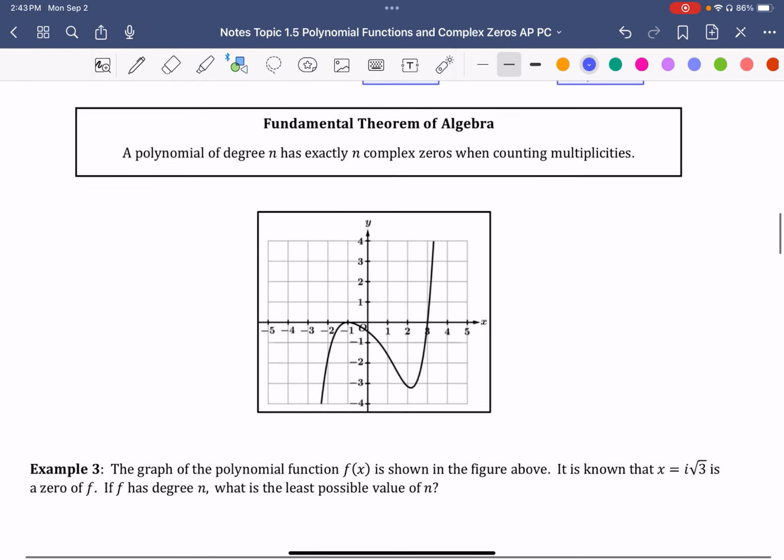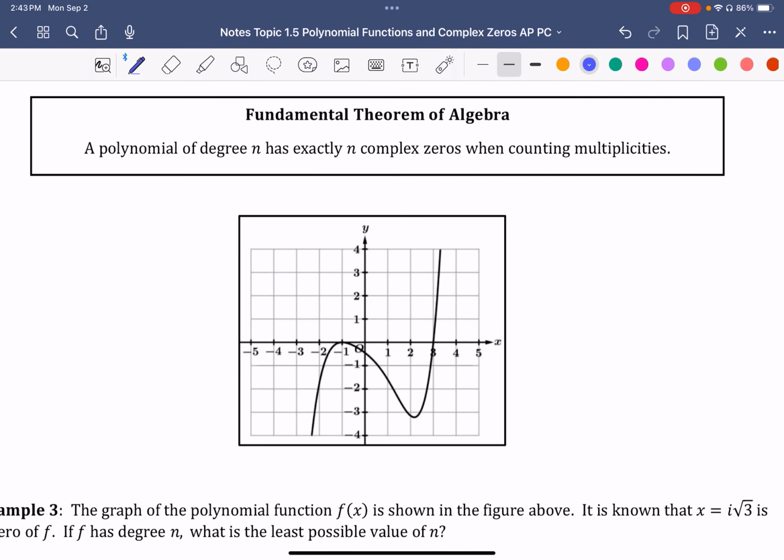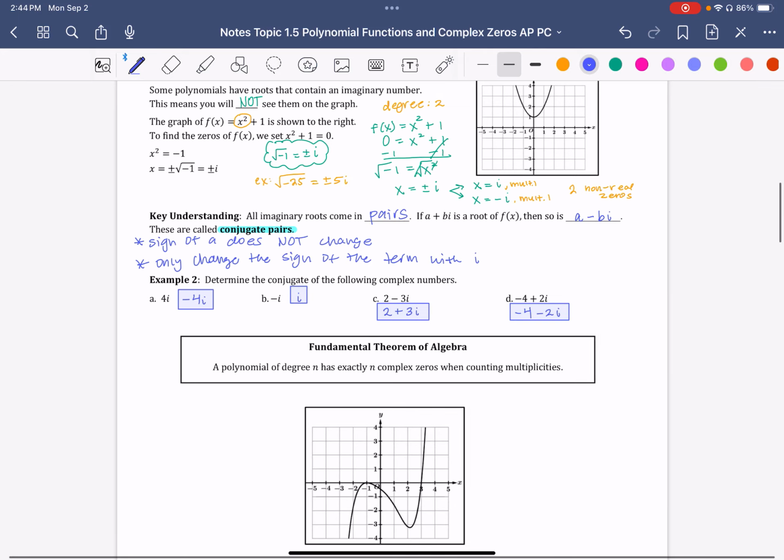Okay, the fundamental theorem of algebra. A polynomial of degree n has exactly n complex zeros when counting multiplicities. So on the first page, we added up all of the multiplicities of our real roots to get the degree. On the top half of this page, we added up all of the non-real roots to get the degree of our function, right?